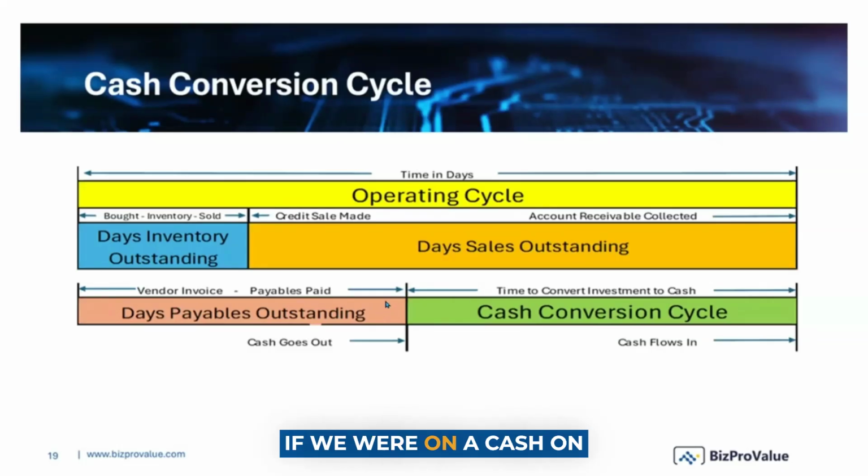If we were on cash on delivery or cash at order, we'd have no days payable, and our cash conversion cycle would equal our operating cycle. In this case, we have cash coming in, but cash is not going out for part of that same period. And that's what provides to me that cash conversion cycle. Okay, so let's look at a couple more items.